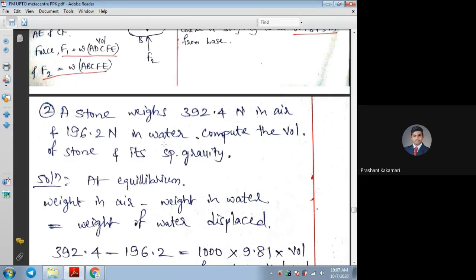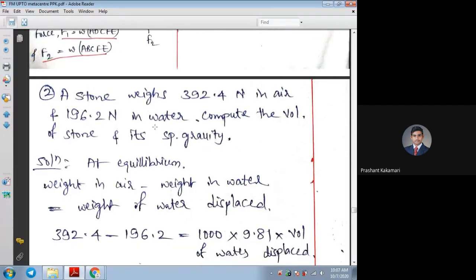So for that, they have taken the difference of weights: how much it actually weighs in air and how much it weighs in water. That difference of weight will be nothing but the weight of the water displaced. So this difference between the weight in air and the weight in water gives that much volume of water displaced, or that much weight of liquid displaced in the container.